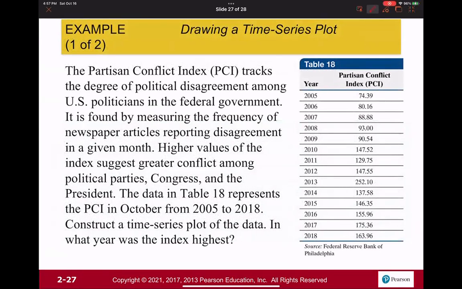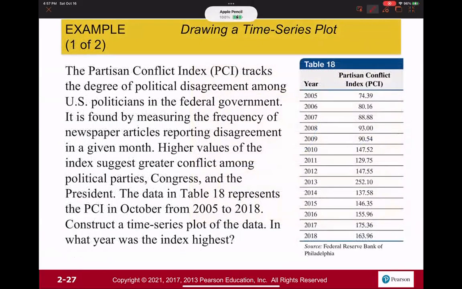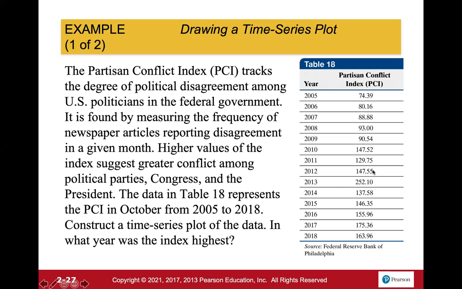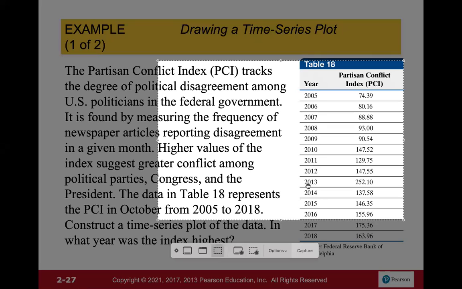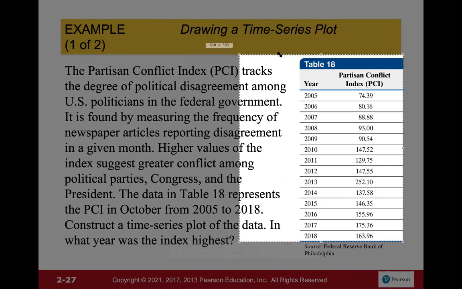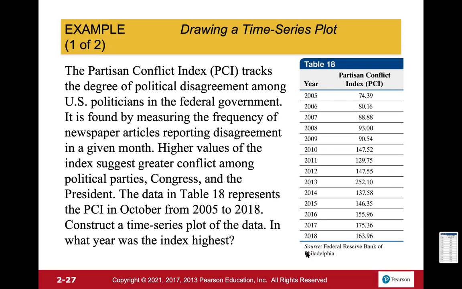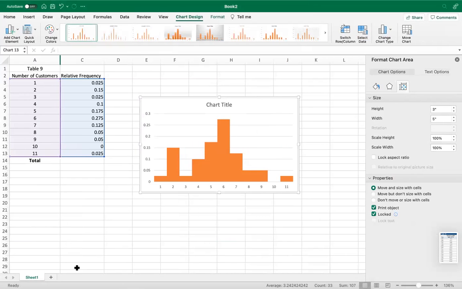Let's see. Looking at this data right here, let's go ahead and take this over to Excel. Just like always, we're going to take a picture of the data. For me, it's Command-Shift-5 and cropping out the data capture, taking it over to Excel.